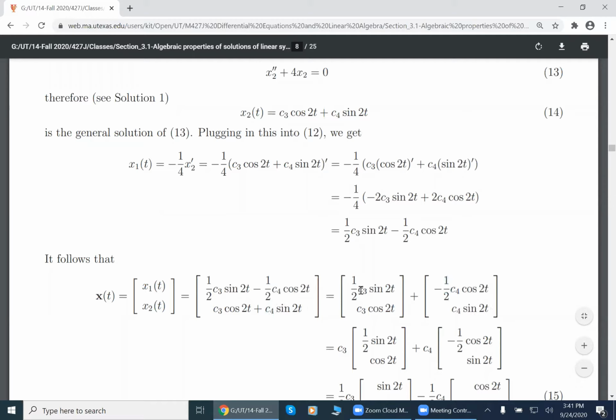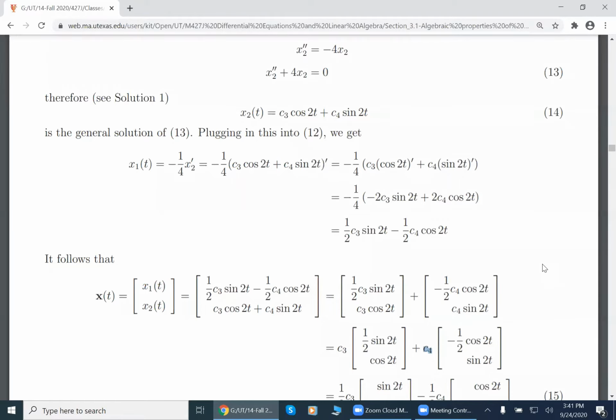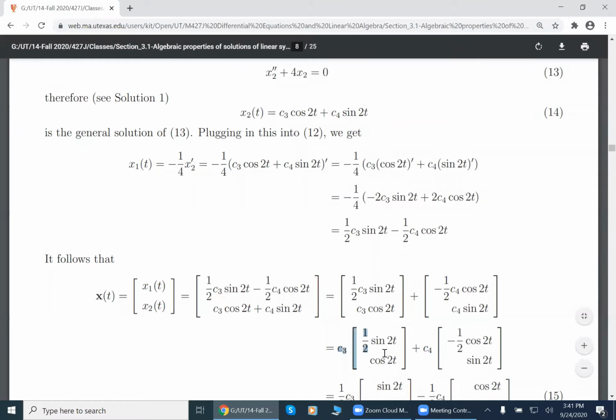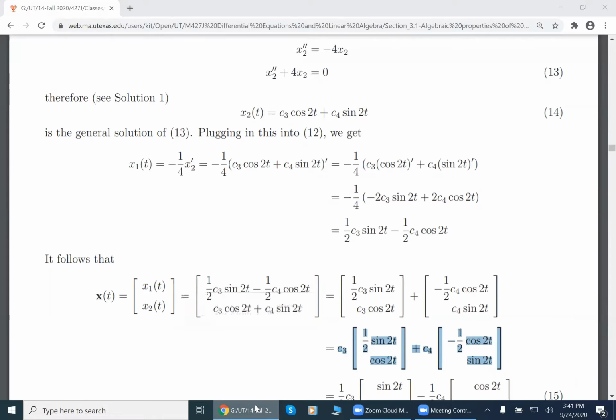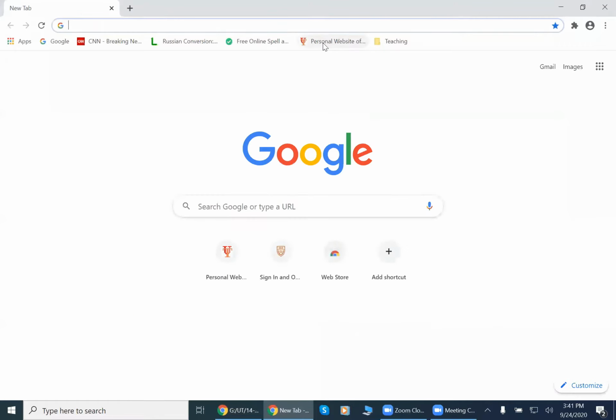Next, factor out C3 here, factor out C4 here. And now let us compare the answers. Here is the answer in solution 2. Let us compare this answer with the answer in solution 1.